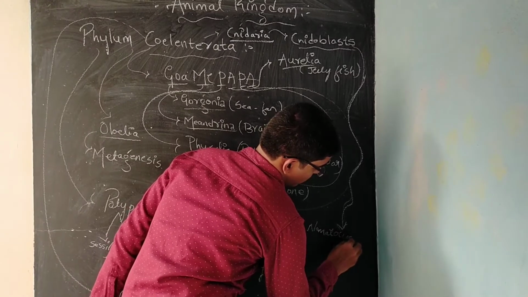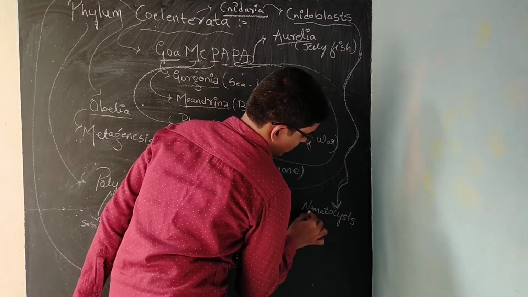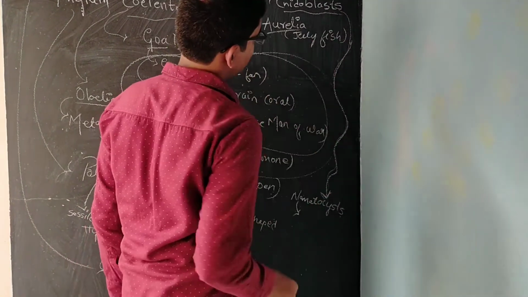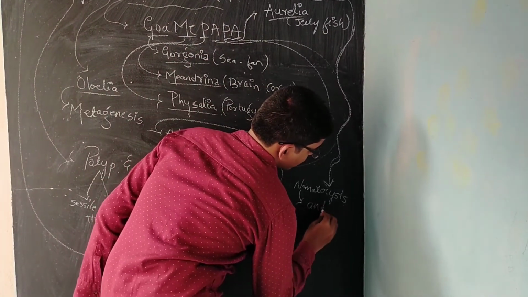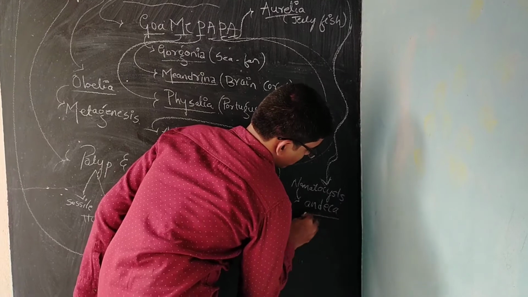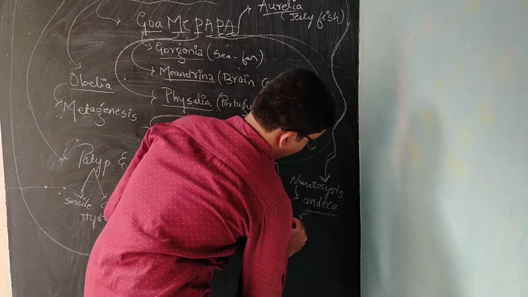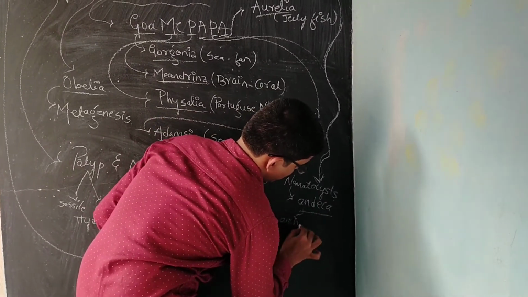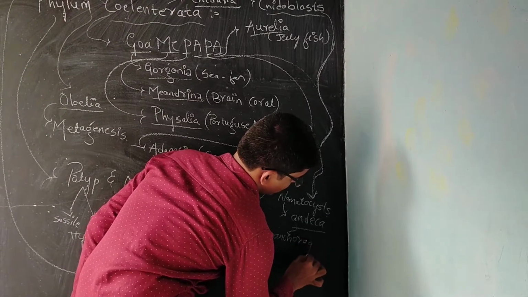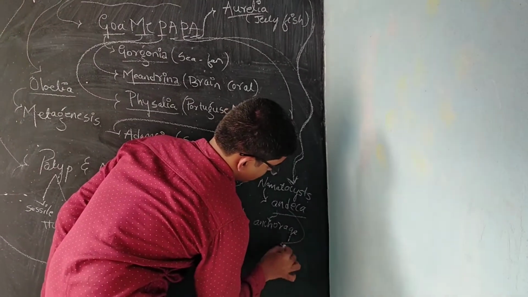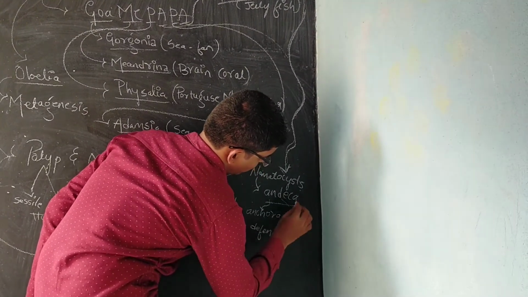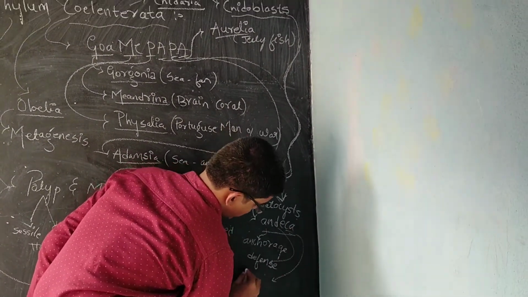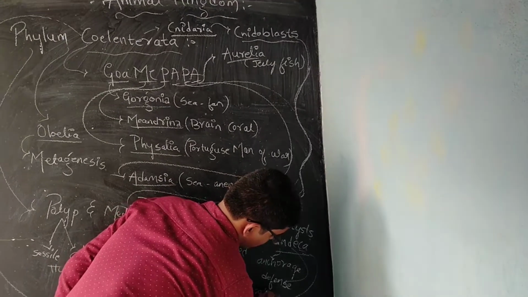Nidoblasts have nematocysts and their function, they help in andeka. This is a trick. Here an means anchorage, de means defense, and ka means capture of prey.